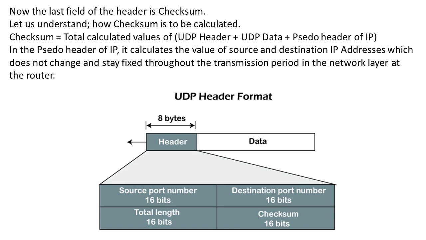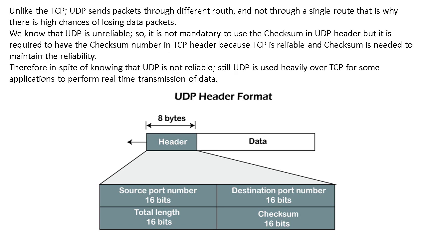In the pseudo header of IP, it calculates the value of source and destination IP addresses, which do not change and stay fixed throughout the transmission period in the network layer at the router. Unlike TCP, UDP sends packets through different routes and not through a single route. That is why there is a high chance of losing data packets.